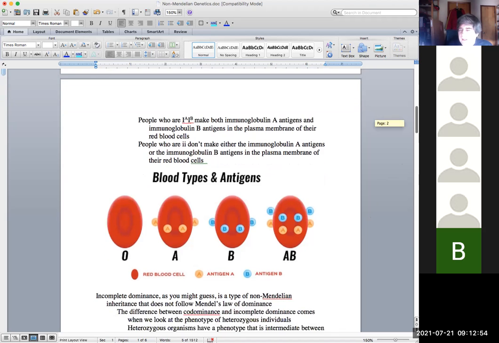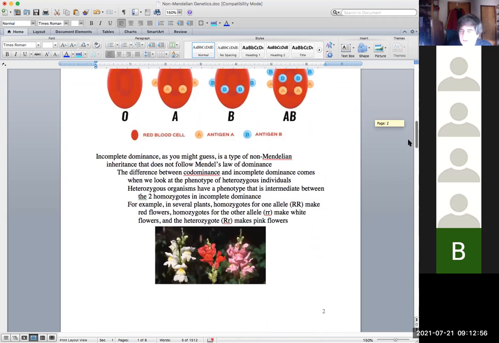Now, there's another type of inheritance that violates Mendel's law called incomplete dominance. And as you can tell by the name, this doesn't follow Mendel's law of dominance. Now, if we think about codominance that we just talked about, and we think about incomplete dominance, the basic difference that we're going to see is what we observe when we look at the phenotype of heterozygous individuals.